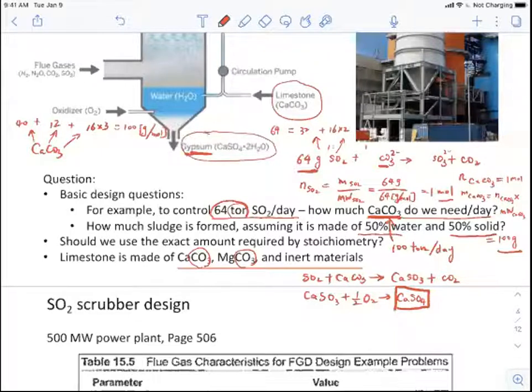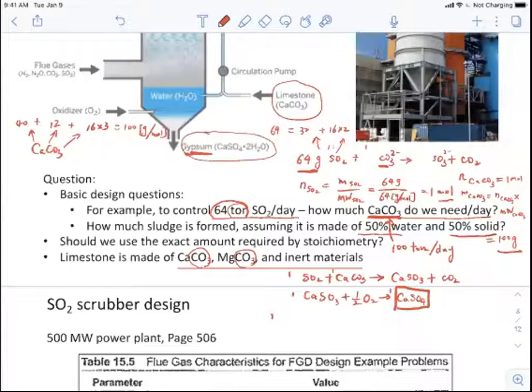As we already found, for 64 grams of sulfur dioxide, we need 100 grams of calcium carbonate, right? So everything is reacting at a 1-to-1 ratio. So what it means is that if you have 1 mole of the sulfur dioxide, you're going to eventually form 1 mole of the calcium sulfate, which is the solid that's forming at the end of this scrubber here.